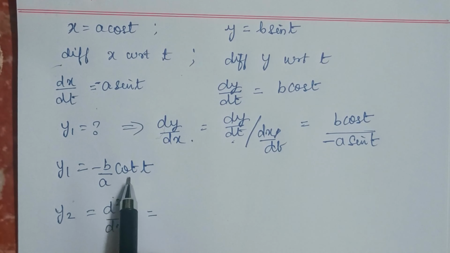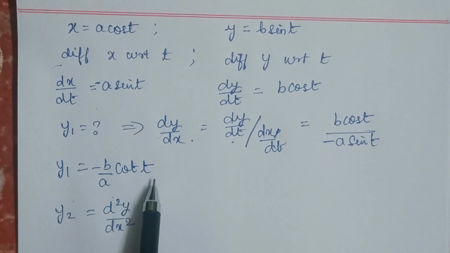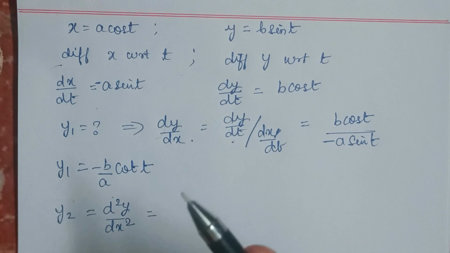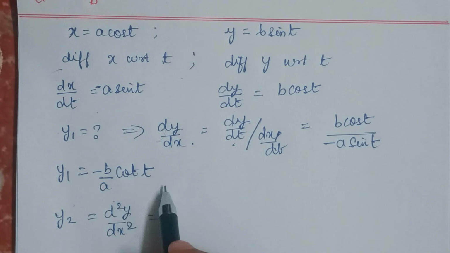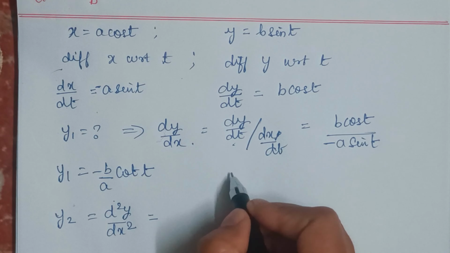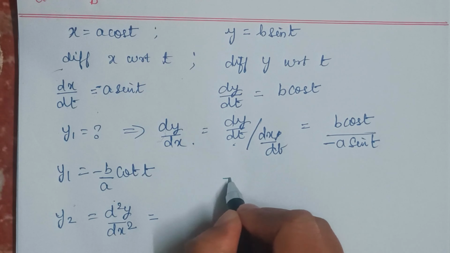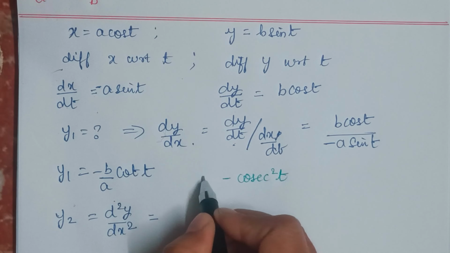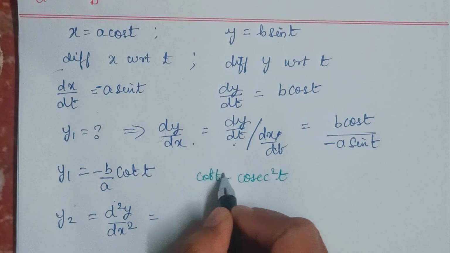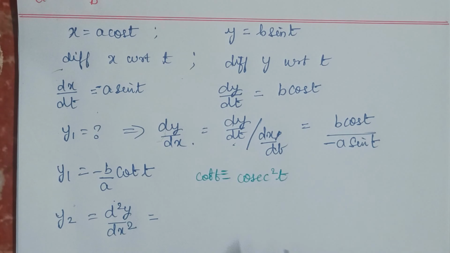So most of the times we don't use cot t differentiation, so it becomes little difficult for us to remember the cot t differentiation. So differentiation of cot t, it is nothing but minus cosecant square t. Okay, I'll just write it down here. Cot t, differentiation of cot t is minus cosecant square t.